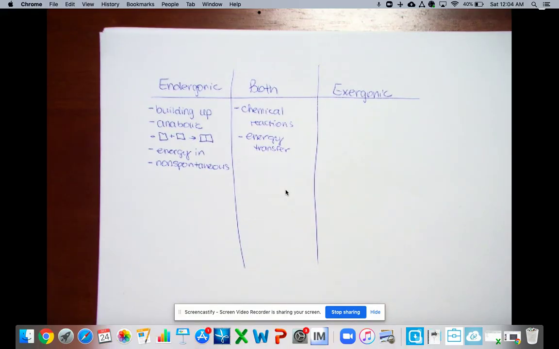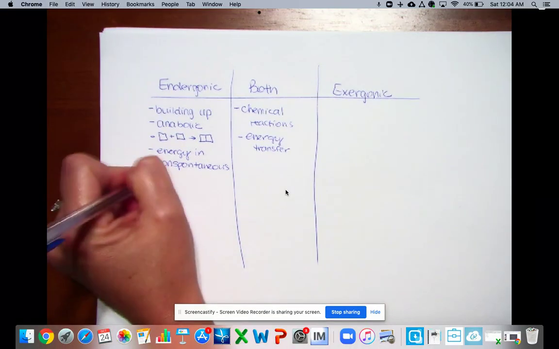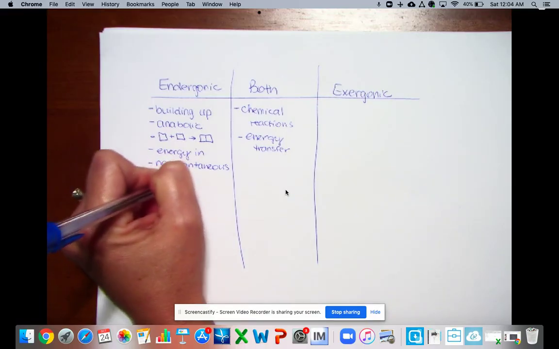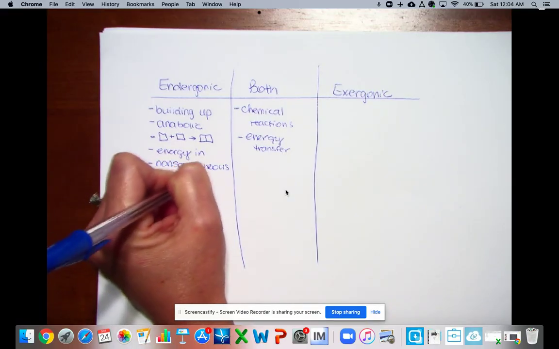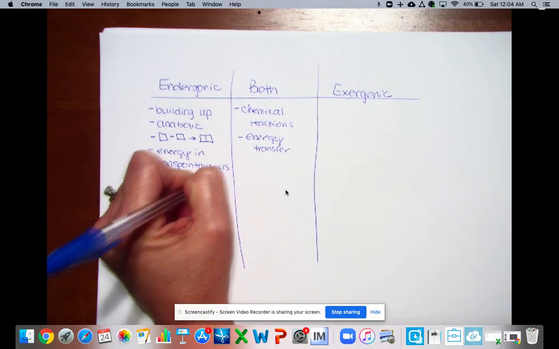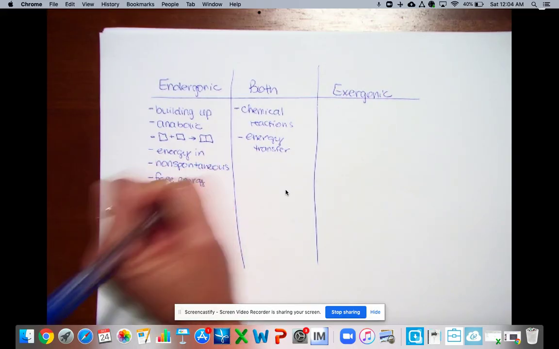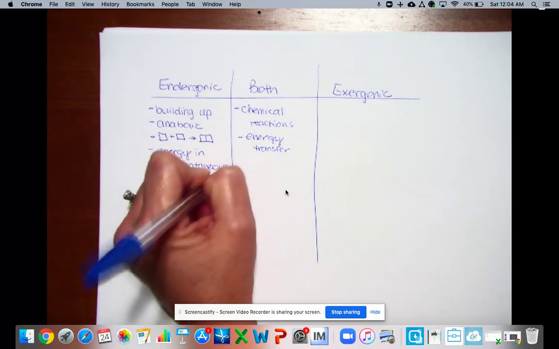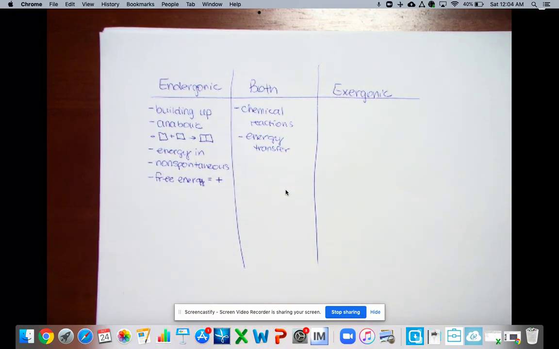So it's going to need somehow to have energy in there. The free energy, or what you may have learned in chemistry, Gibbs free energy, or delta G, is going to be positive, which means you have to add energy. All right.